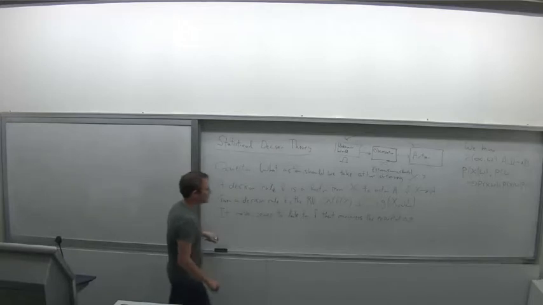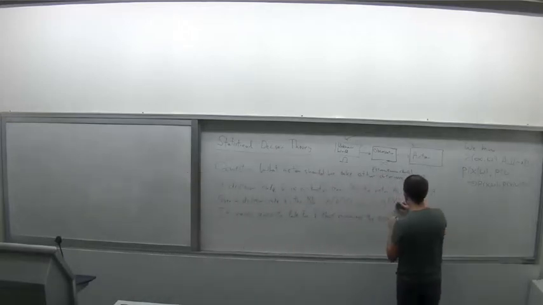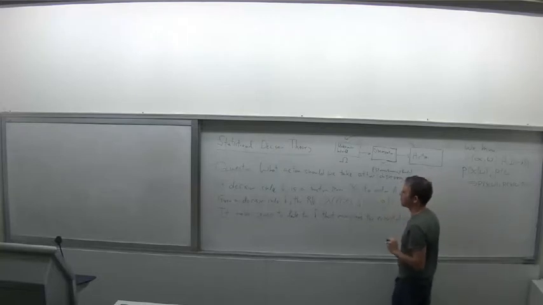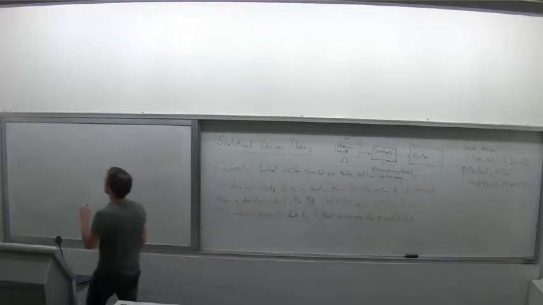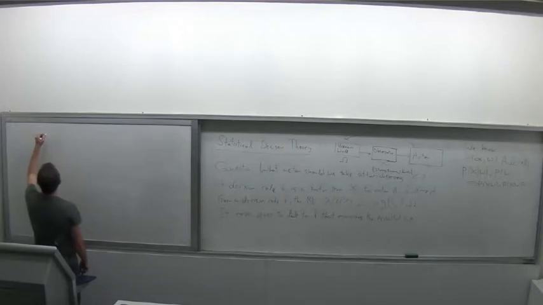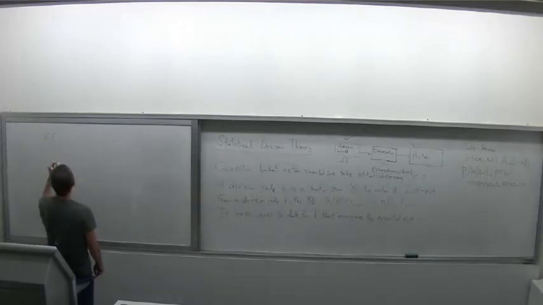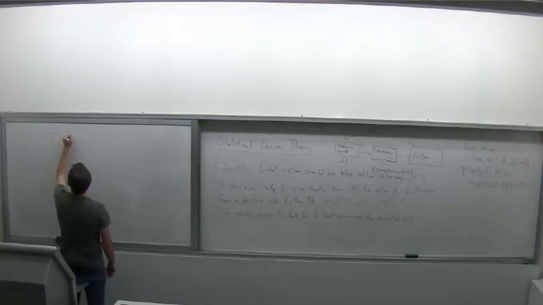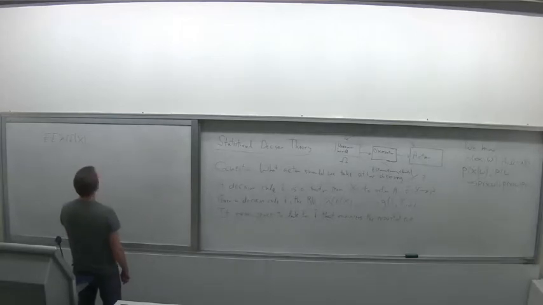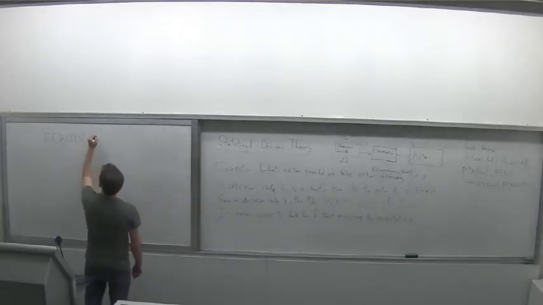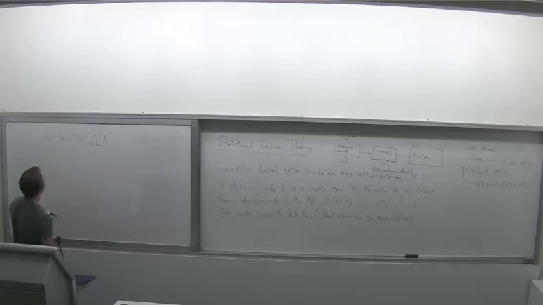Actually, I should have written delta here as well, since the cost is dependent on it. So the expected cost, I'll use this notation, is the expected value of lambda(delta(x), omega). So this is the expectation.